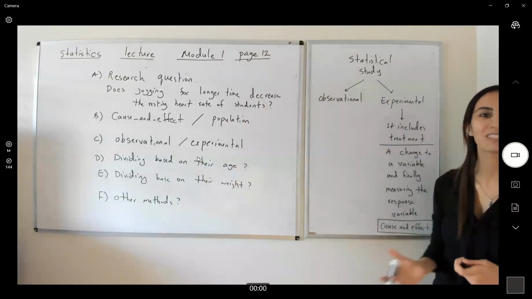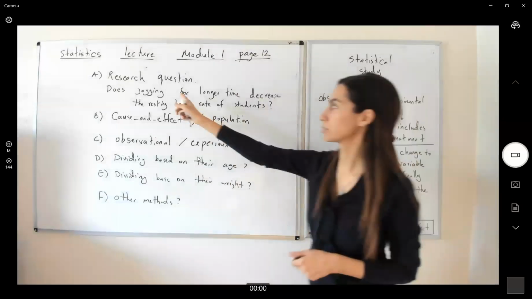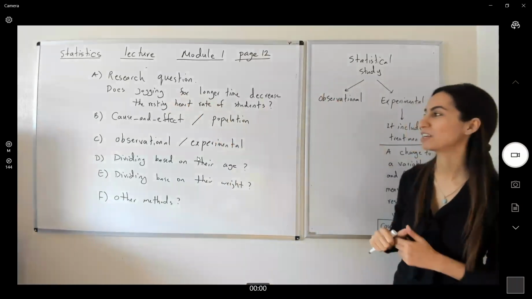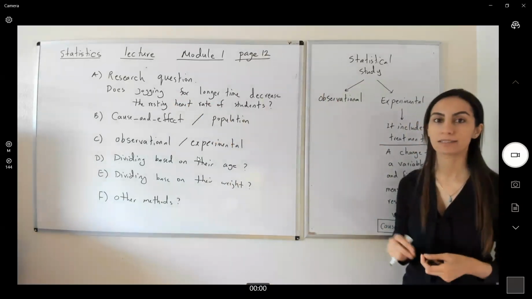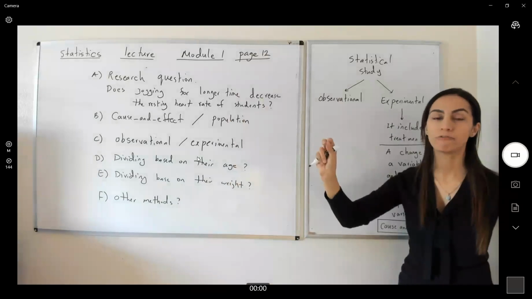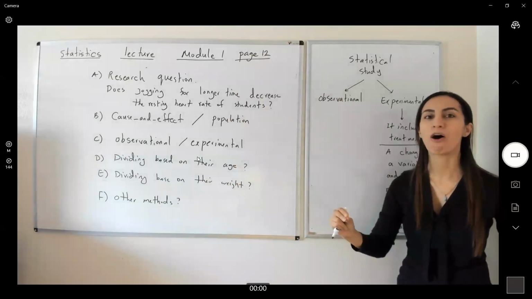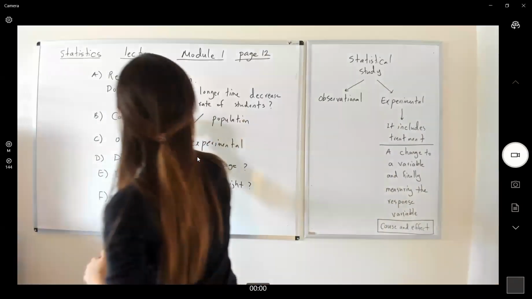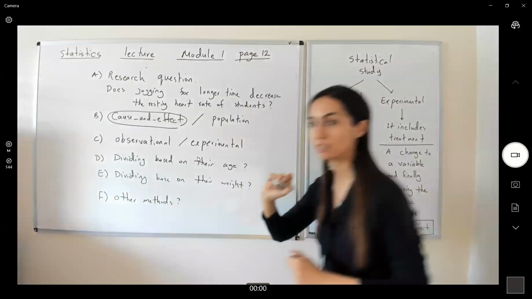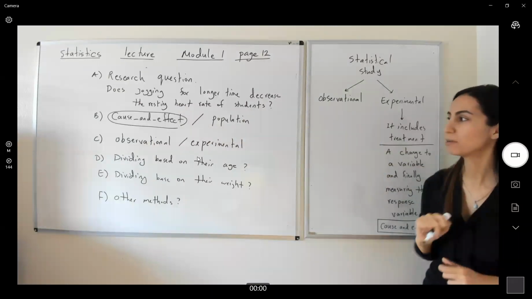A sample research question that shows a relation between 2 variables. As you can see, it's a relation between 2 variables, jogging time and resting heart rate. So it's cause and effect between 2 variables.